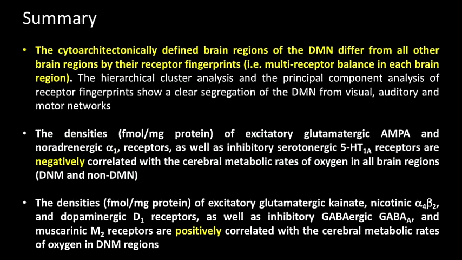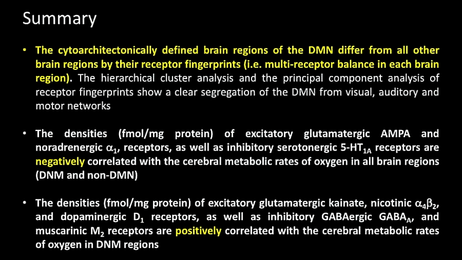Second, the densities of excitatory glutamatergic AMPA and noradrenergic alpha-1 receptors, as well as of the inhibitory serotoninergic 5-HT1A receptors, are negatively correlated with the cerebral metabolic rate of oxygen in all brain regions, in DMN and non-DMN brain regions.